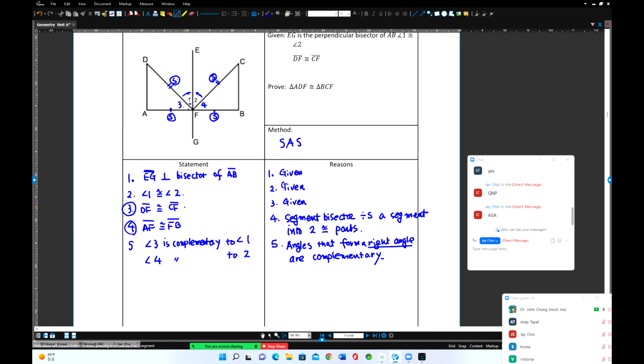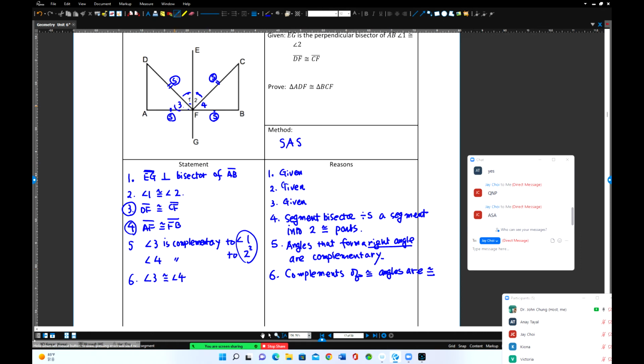Now we know that angle 1 and angle 2 are congruent, so each complement should be congruent. You can say angle 3 is congruent to angle 4. The reason is complements of congruent angles are congruent.